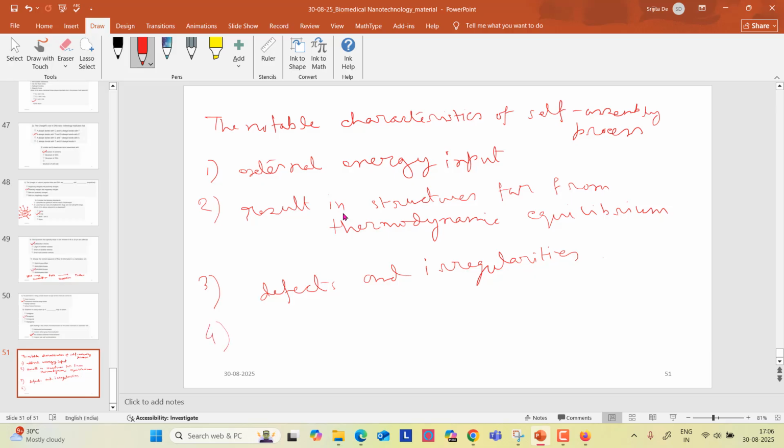And the fourth one is they occur spontaneously and often approach thermodynamic equilibrium.